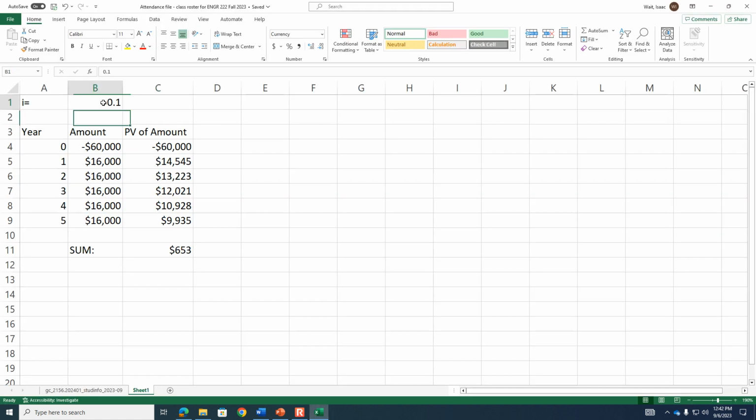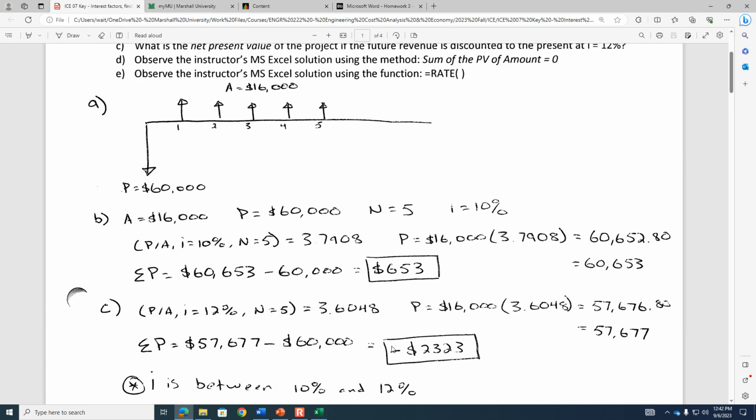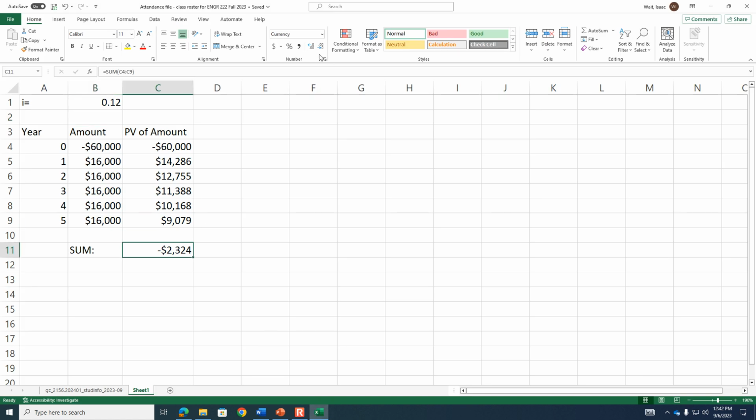If I change it to 12%, so 0.12, let me turn on the number lock, 0.12, then it's negative 2,324. So that should be what we got here. Now, it's calculating it to the nearest penny because it has built-in unlimited accuracy, whereas we were using the factor table, which didn't have that same level of accuracy. So there may be slight differences because of that.